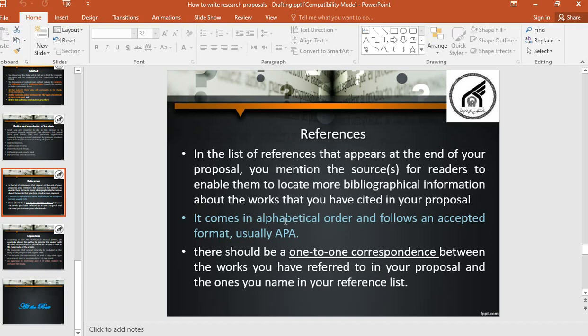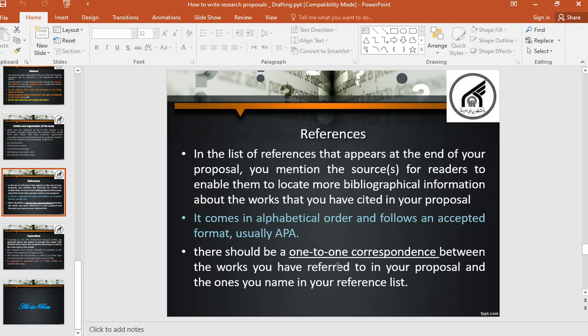For journal articles, the name of the writer, then the date, then the name of the article, the name of the journal, and the volume, number, and page numbers. And it should be based on APA style, the American Psychological Association manual, okay?